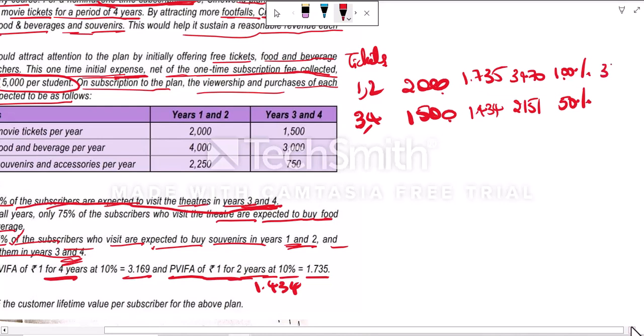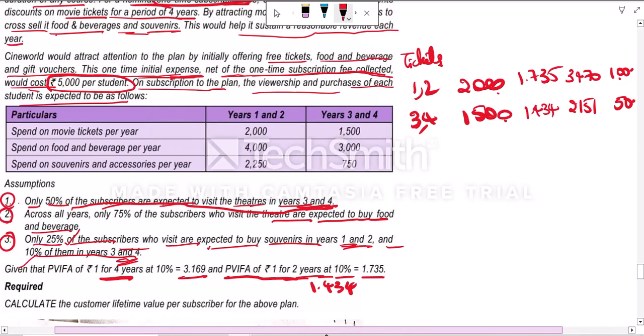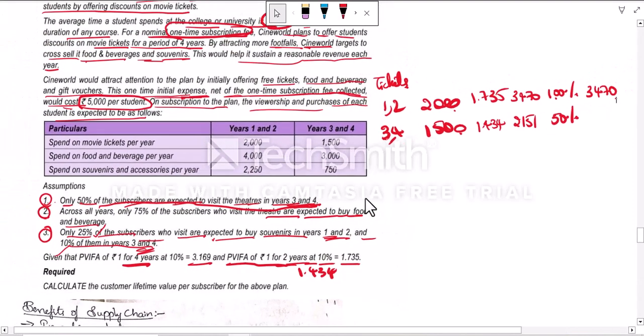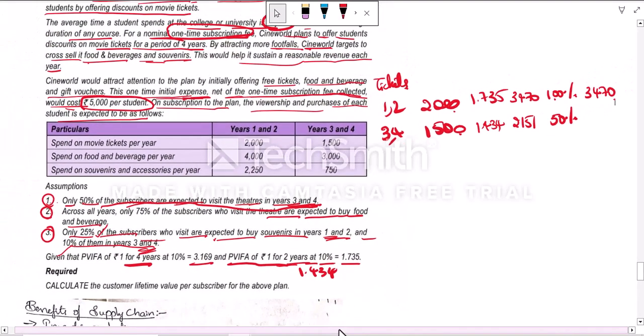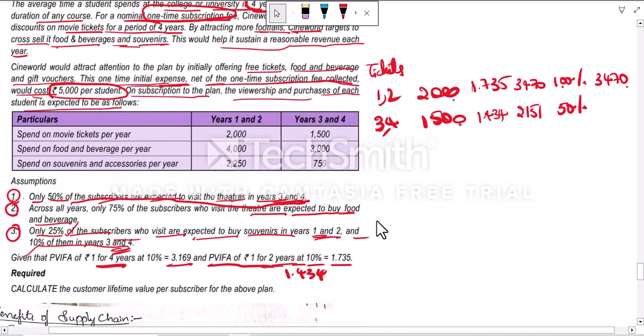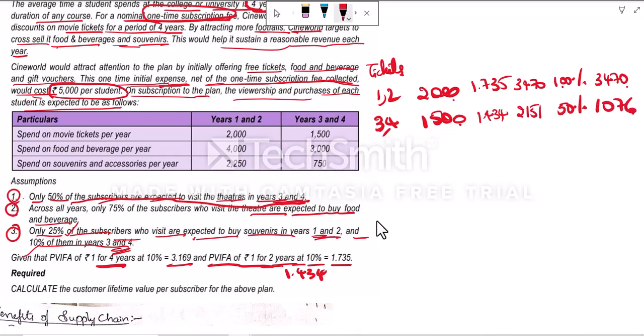So 100% of 3,470 in years 1 and 2, and in years 3 and 4, 2,151 into 50%. Only this much amount we are going to receive.